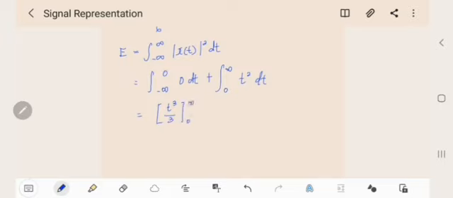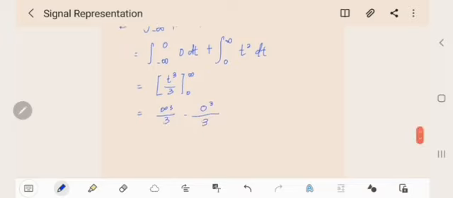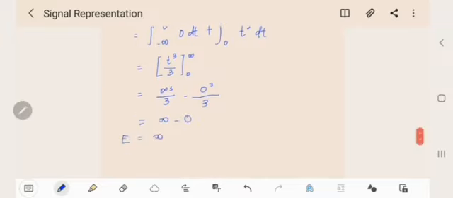Substituting, infinity to the power of 3 divided by 3 minus 0 to the power of 3 divided by 3, we get infinity minus 0. So we also obtain that our energy is infinity. When power is infinity and energy is also infinity, this ramp signal is neither a power nor an energy signal.